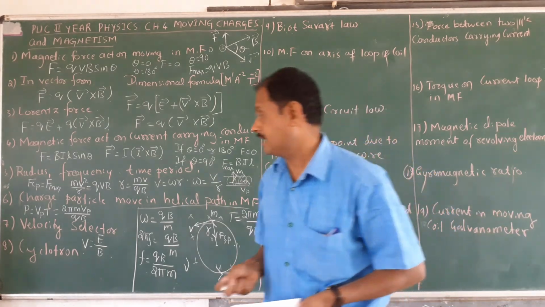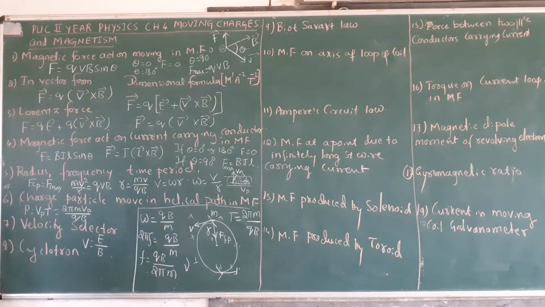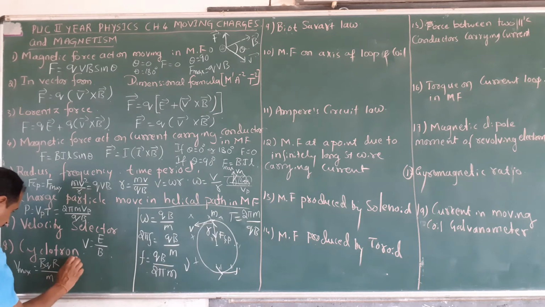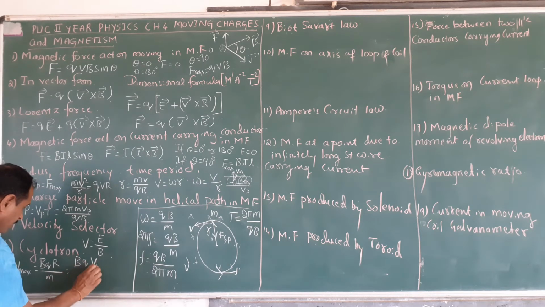At that time, the maximum velocity of the charged particle in the cyclotron is equal to qBR divided by m, which is nothing but qB r_max divided by m.